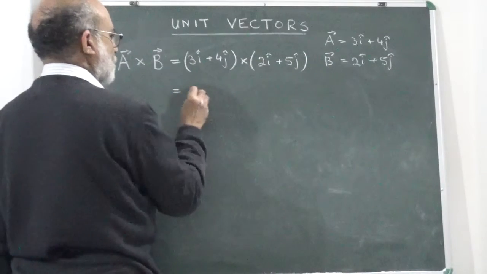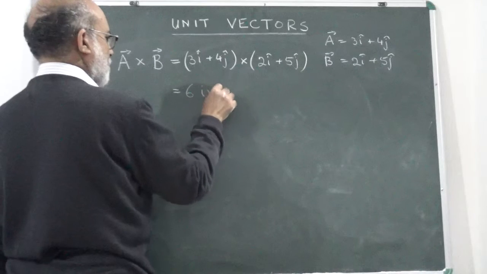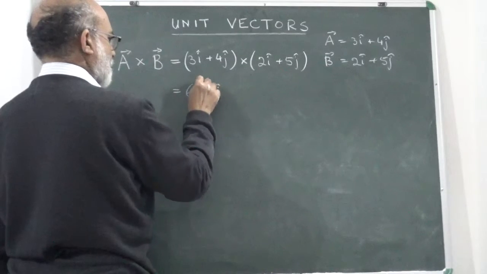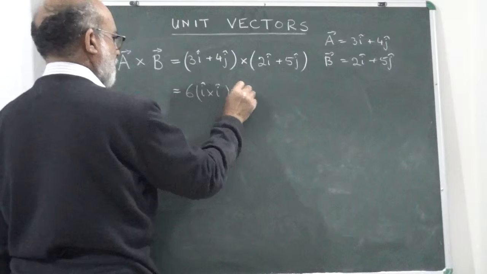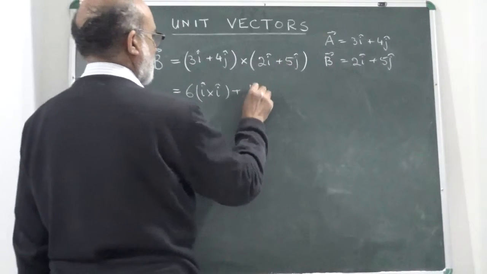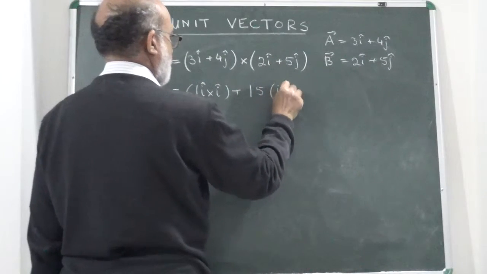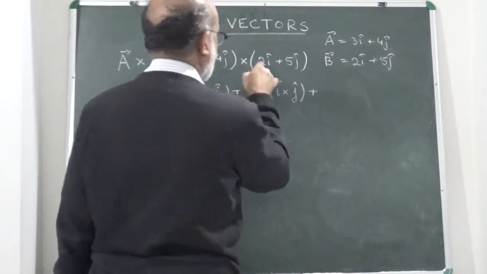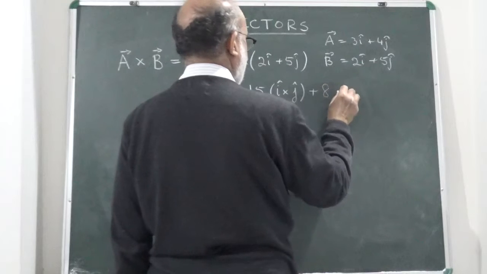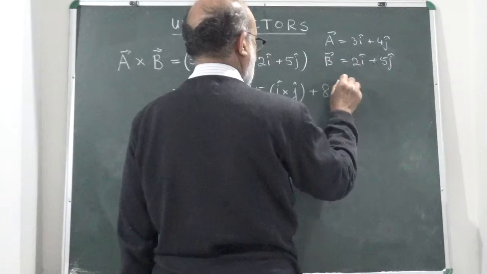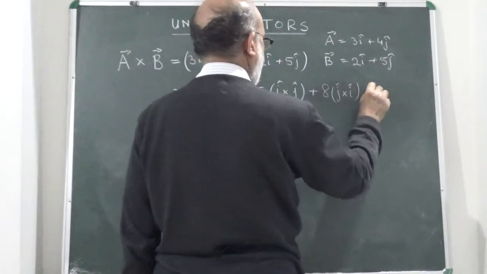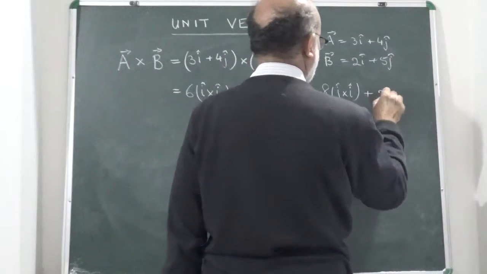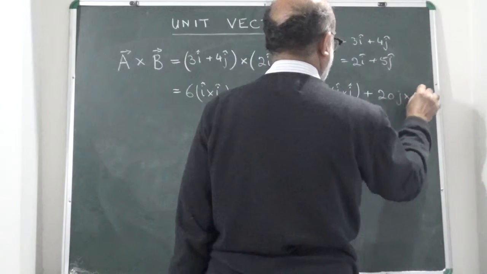Here 3 twos are 6, i cross i, plus 3 fives are 15, i cross j, plus 4 twos are 8, j cross i, plus 4 fives are 20, j cross j.